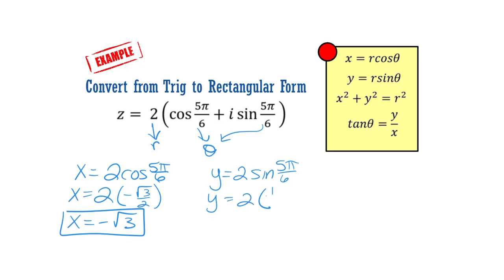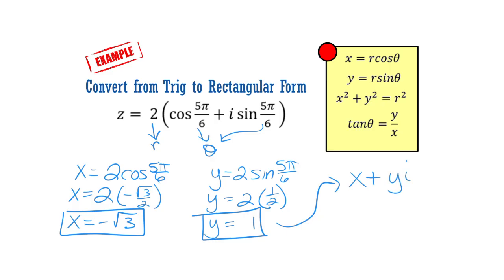The sine at 5 pi over 6 is 1/2, which leaves me with a 1 for my y value. And again, not an ordered pair, a complex number. So somehow or other, I've got to get an i put in there. So what I'm doing is writing this in that form x plus yi. So x is negative root 3 plus, I can put the 1 in for the y, but normally we wouldn't. We would just write i. And that really is our official answer there.